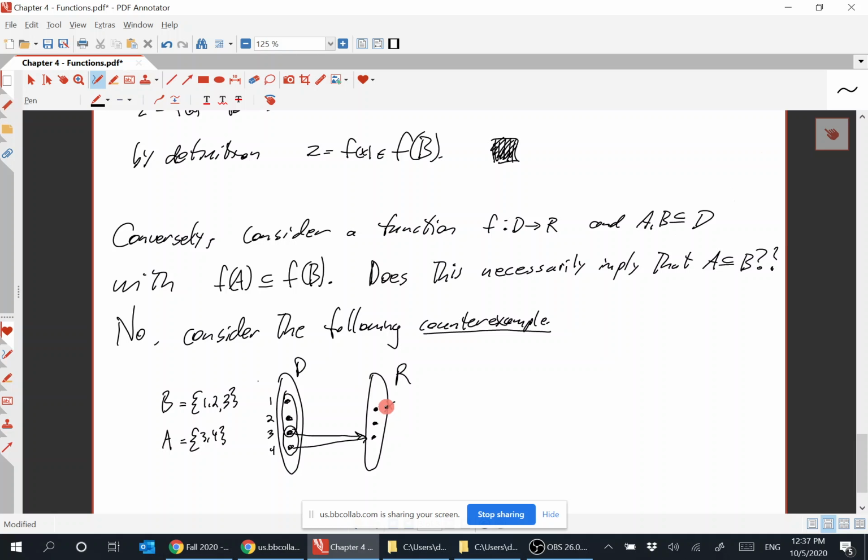So we'll call this x, y, z. All right, so f of 3 is z, f of 4 is z, and then f of 1 and 2 are both x, we'll say. All right, so f of b is equal to what? So b is the set 1, 2, 3.